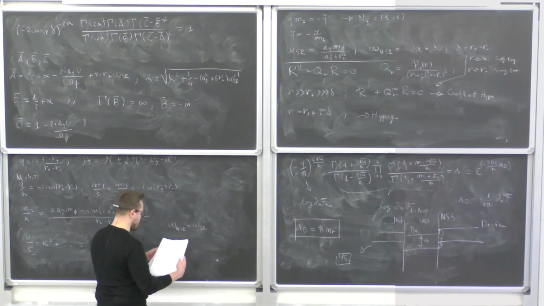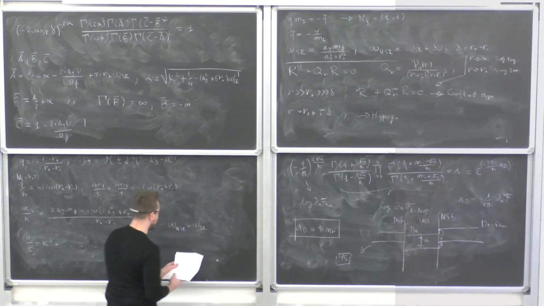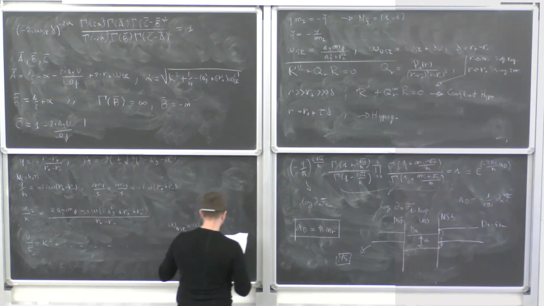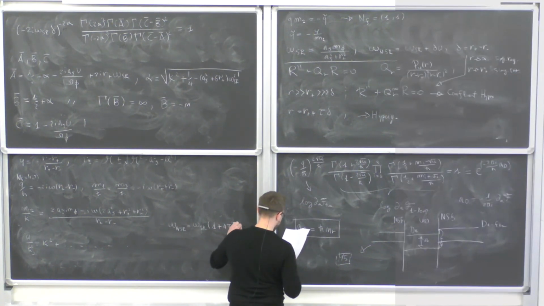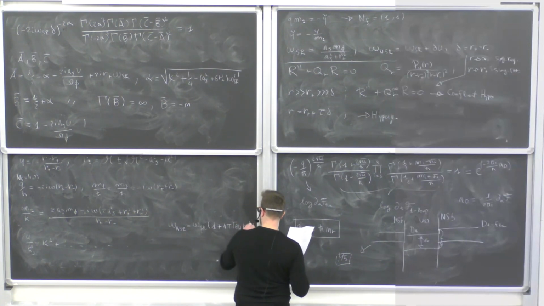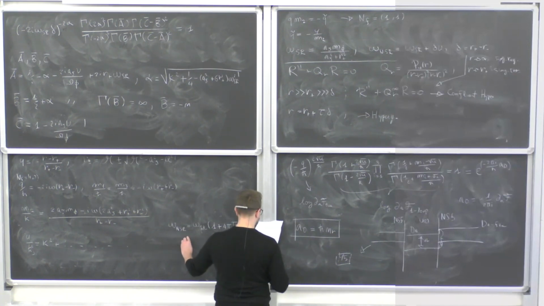Okay, it's here, sorry. So the real part, we get a correction which is proportional to the black hole temperature. And also the imaginary part will be proportional to the black hole temperature.